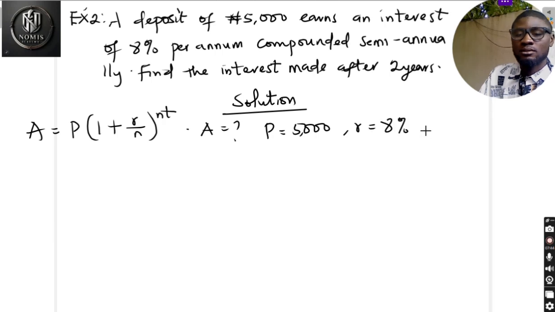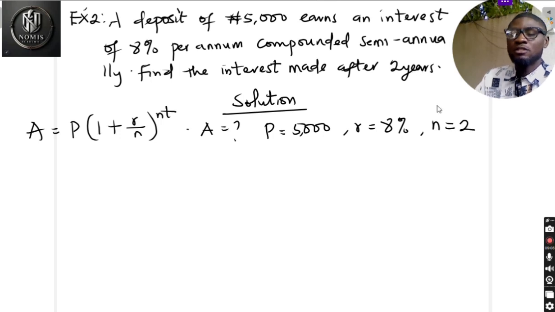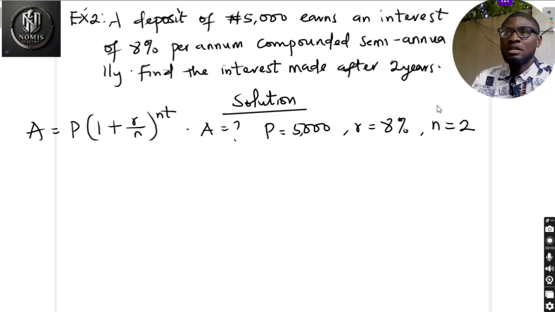Then the n. Now this is where you need to be careful. The n is the number of times that the money is compounded in a year. When you check, you see it's 2 in a particular year, because it's semi-annually. So it is done 2 times. I believe that if you had watched the previous videos, we said that is 1 over 2, so it was 0.5 of a year, which is half of a year.